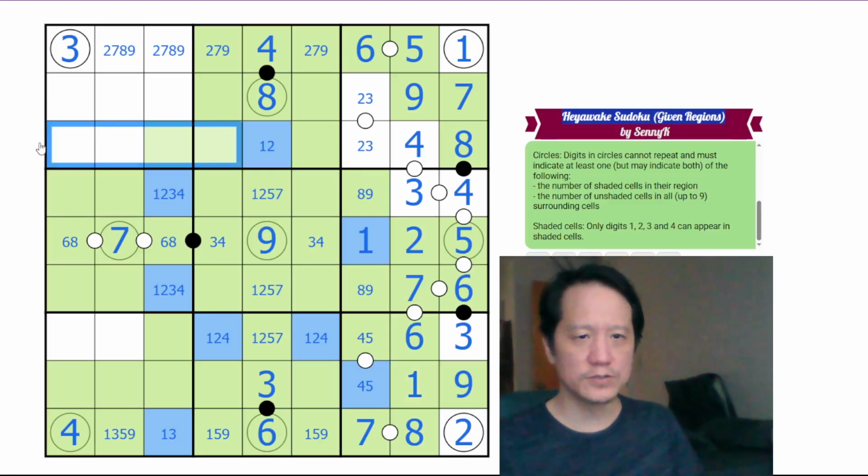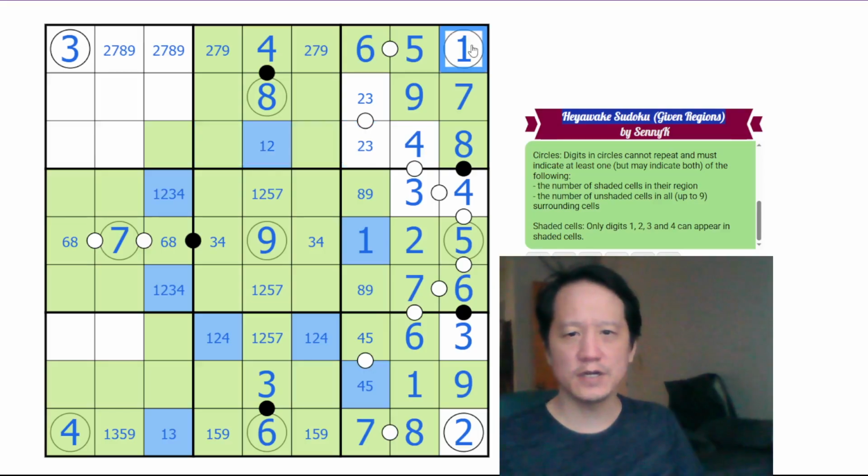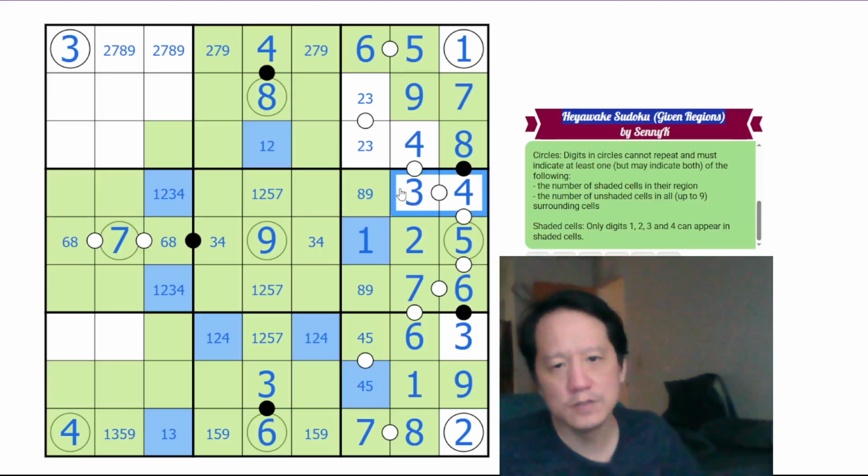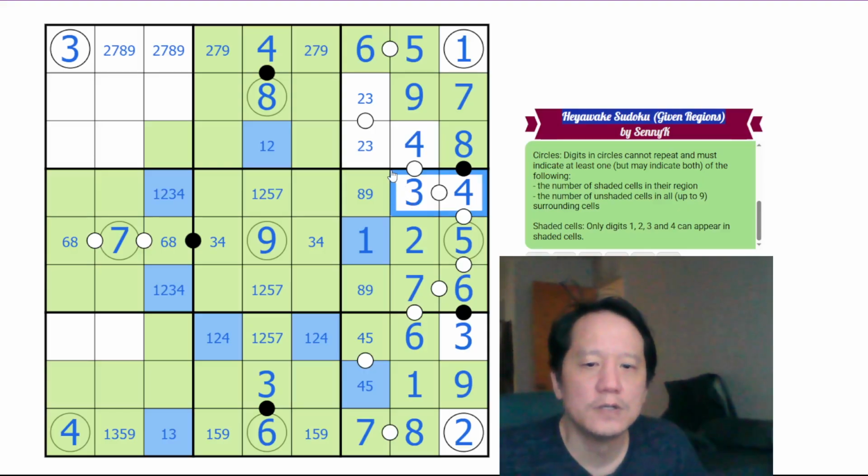So this goes through whatever. That's fine. This has 1 shaded cell in the region. So this is 7, 6. One of these is shaded. We have 2 shaded cells in this region.